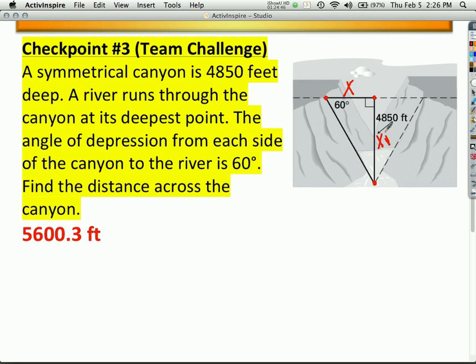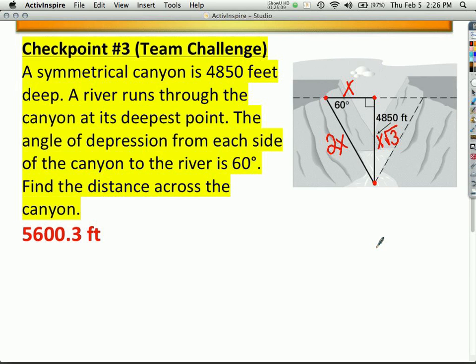That's x radical 3 because we're using the idea of a 30-60-90. And so then the hypotenuse distance will be what? Eric? 5,600. No, I want the model. x, 2x. 2x, very good.